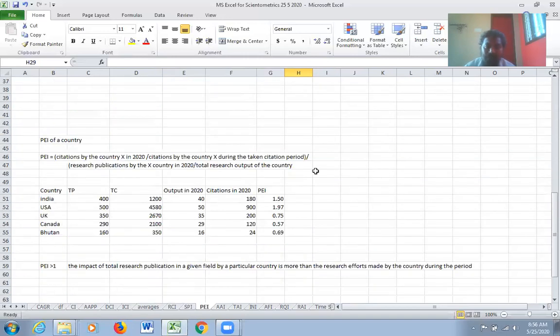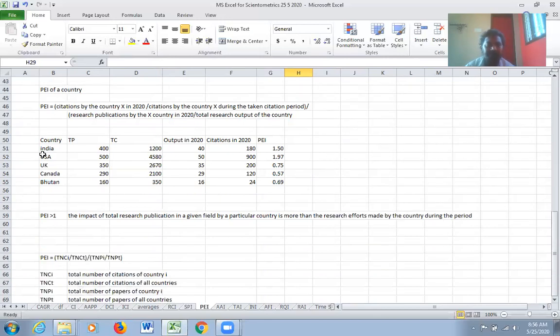The same way, you can calculate PEI of a country also. You can see here, India: total publications, total citations, output in 2020 and citations in 2020. Fine. So how to calculate PEI? It goes this way.